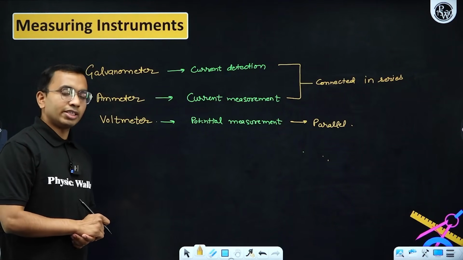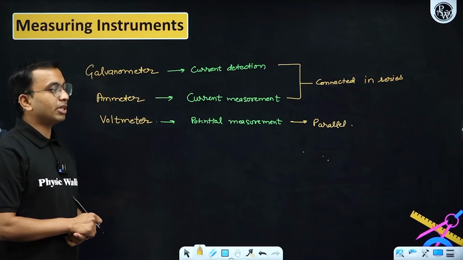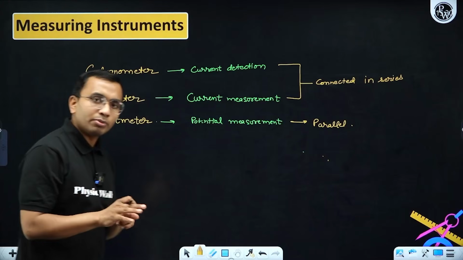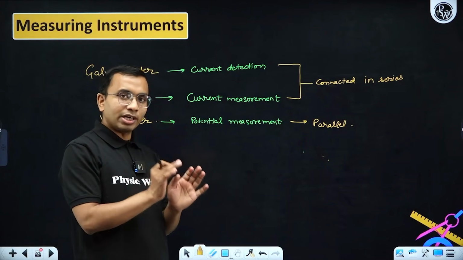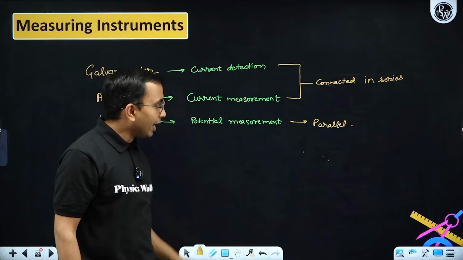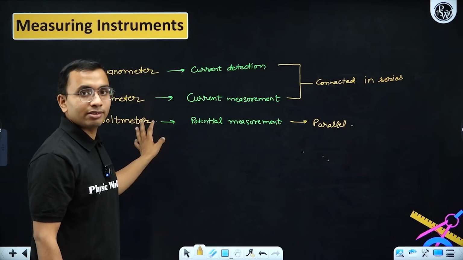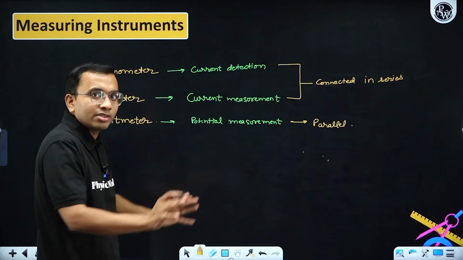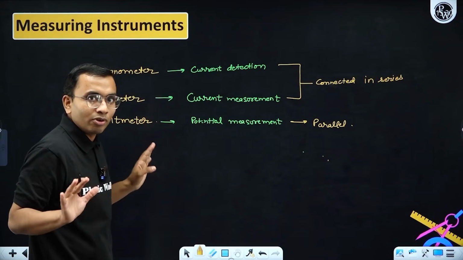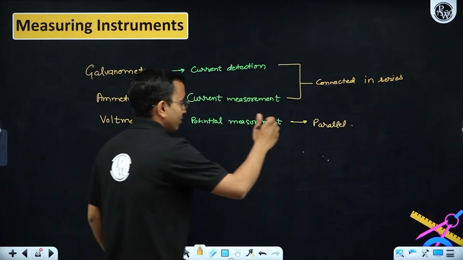So they will change some reading, up to a certain value, but we'll try to keep the voltmeter as ideal as possible. Ideal voltmeter means infinite resistance. Then only zero current will pass through the voltmeter and it will not change the current of the circuit.